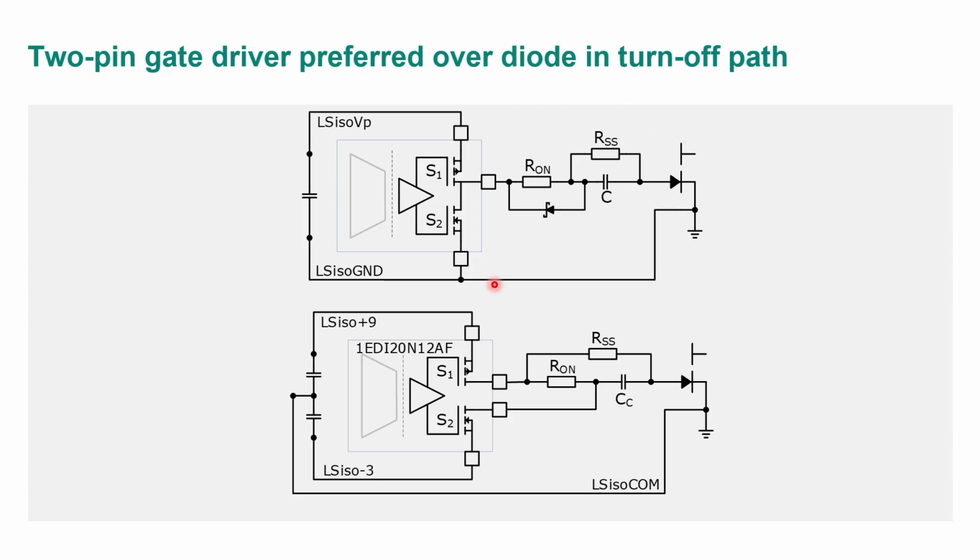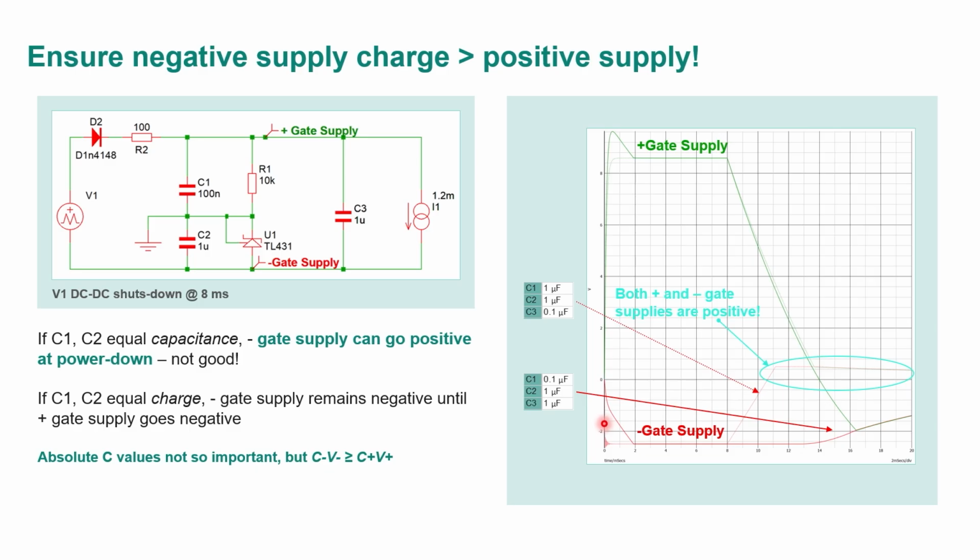So this is not a recommended approach to use for high current GaN gate drive. Another potential source of error that would lead to problems at turn off of the system is, as we recommend, using a split supply, a +9 and a -3, for example.